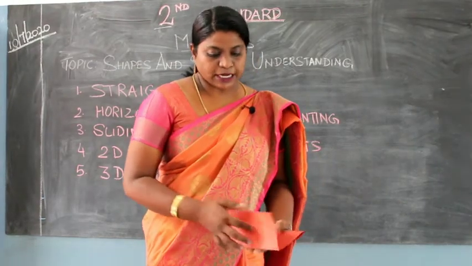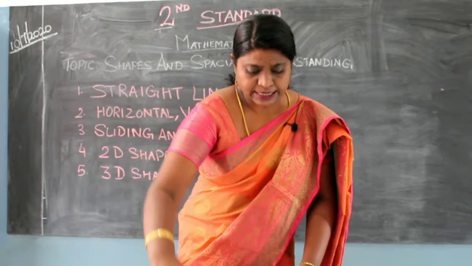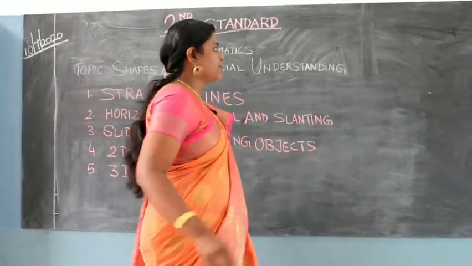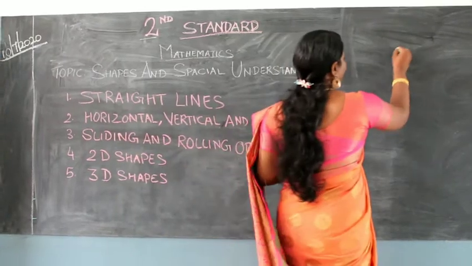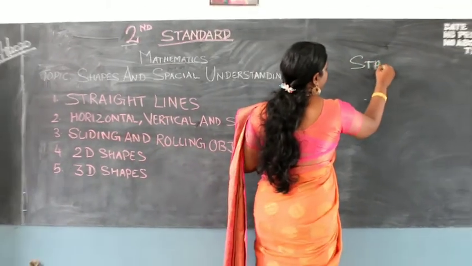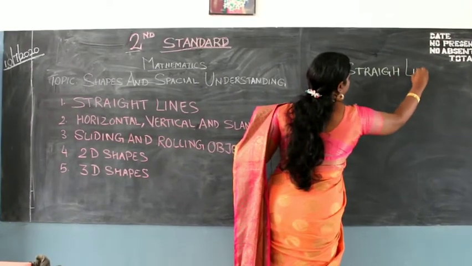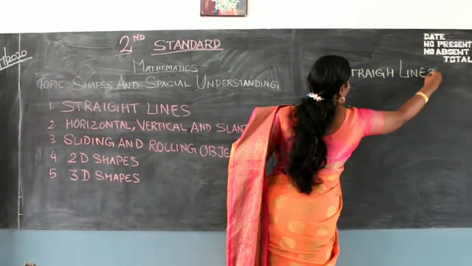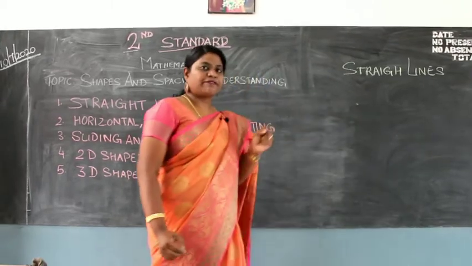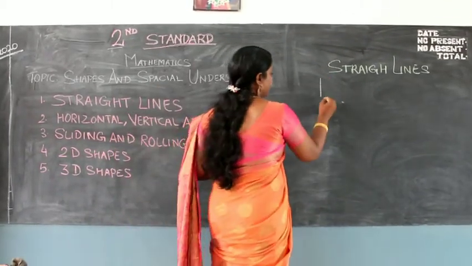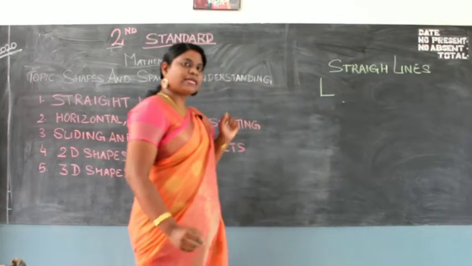Okay, now I'm going to tell you how we can count a straight line. Generally we'll take one alphabet. So in your alphabets ABCD, I'm just taking L. Now why am I taking L?